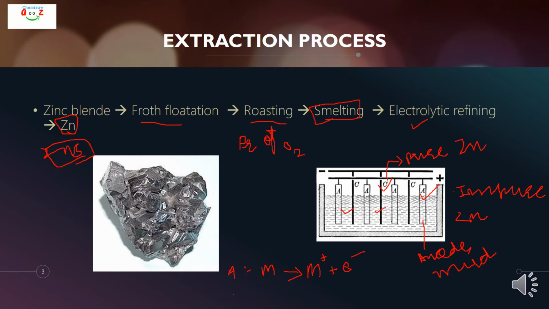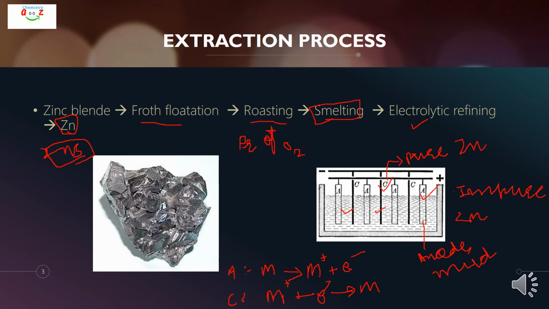And C means cathode. On the cathode, this M plus ion, meaning zinc ion, is turned into pure metal or pure zinc.